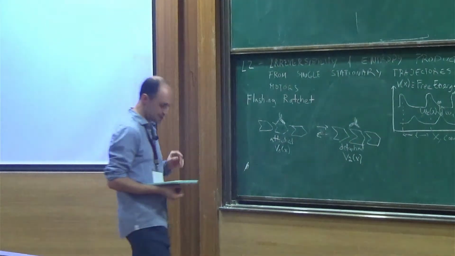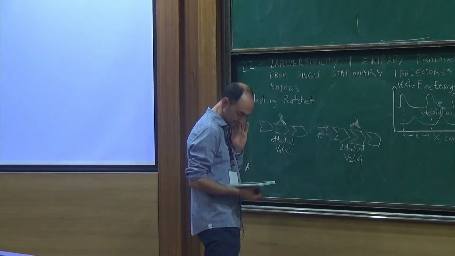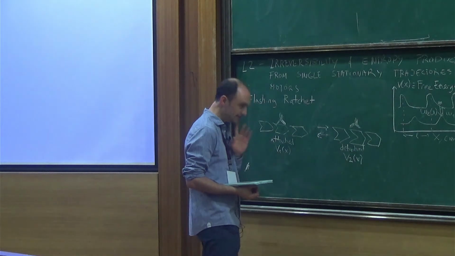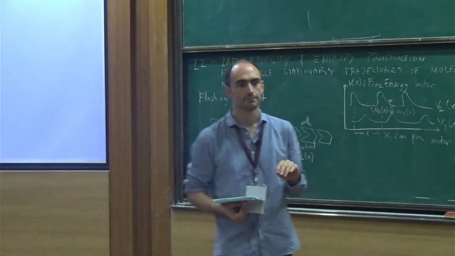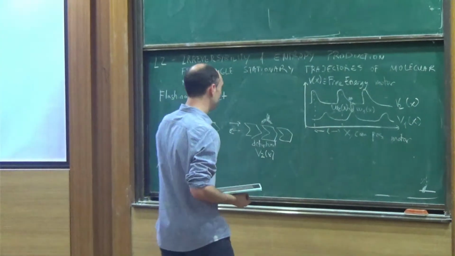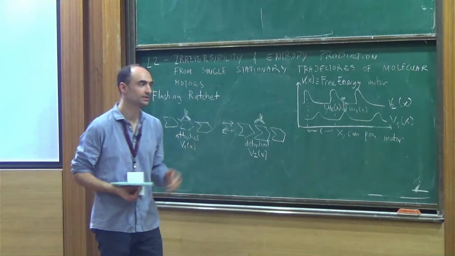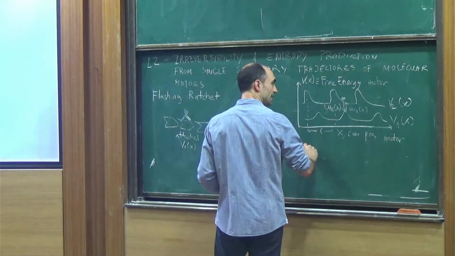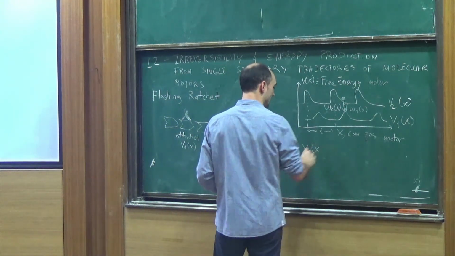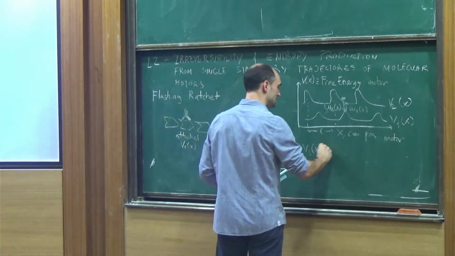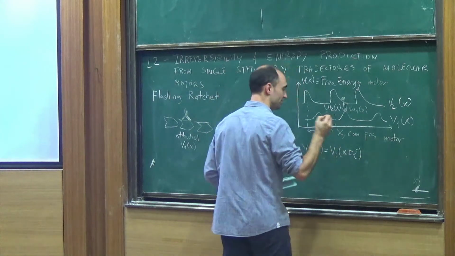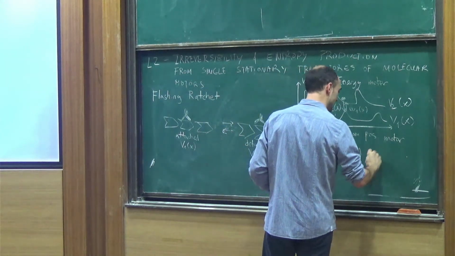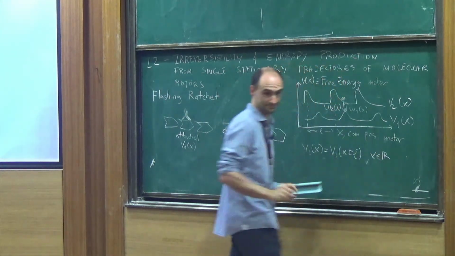So this is the so-called flashing ratchet. It is x-dependent and periodic: the potentials are both periodic and the rates are both periodic. So V_i(x), with i being 1 or 2, equals V_i(x plus or minus n) for all x in R. It is periodic.